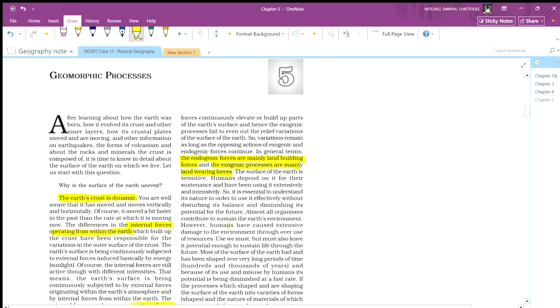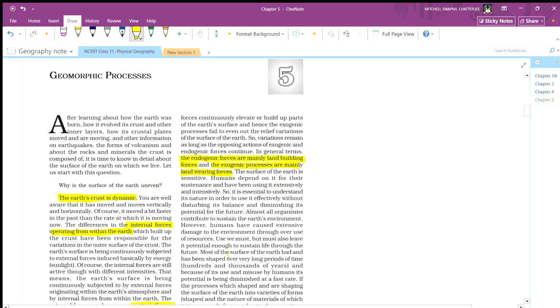However, humans have caused extensive damage to the environment through overuse of resources. Use we must, but also leave its potential enough to sustain life through the future. Like we are living now, destroying everything now, we are not thinking about the future at all, like how our children and their children will live. Basically, they will fight for their resources, which we are not thinking about right now.